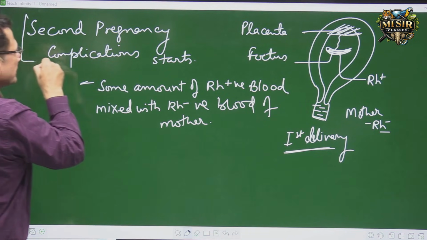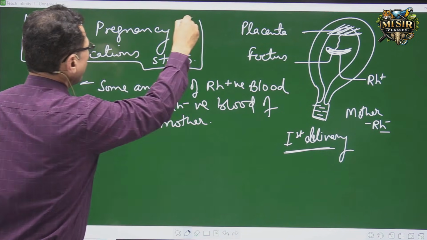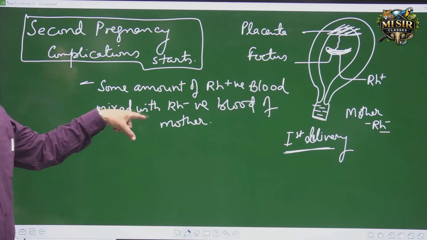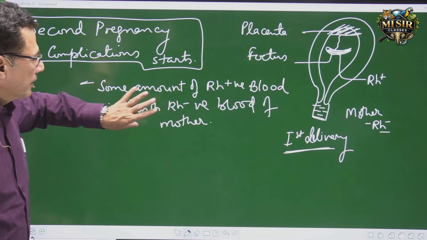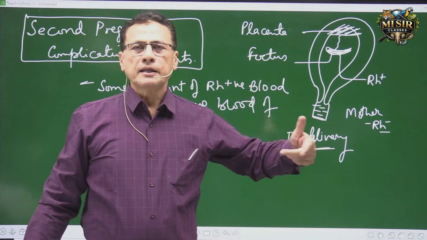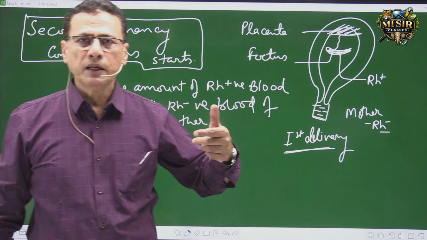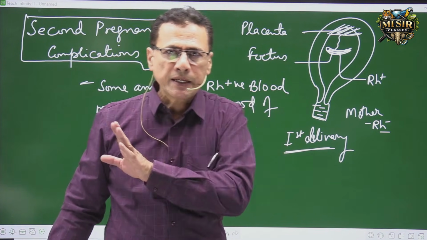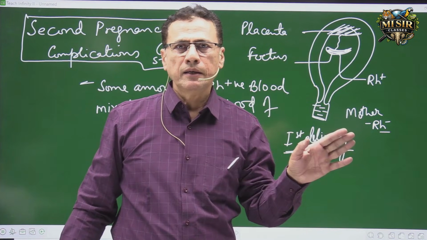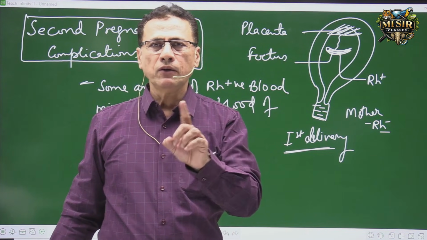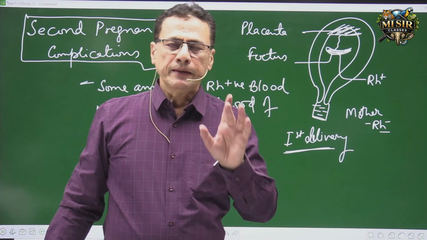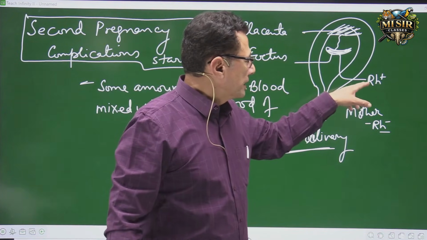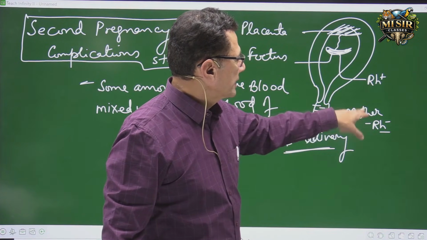The second pregnancy complication that is going to happen in this case, that the mother started producing Rh antibodies against the Rh antigen which has entered in her body at the time of delivery of her first child. At the time of delivery of her first child, the fetus is Rh positive, mother is Rh negative.